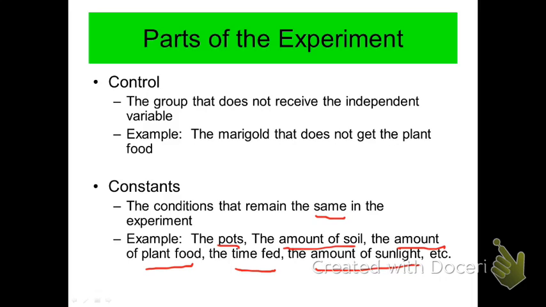We don't want one in the windowsill and then one back in the closet where there is no light. And there are many other constants, like we want to do all marigolds. We don't want to have 10 marigolds and 10 daisies or 10 tulips. We need to make sure that we've got some things that are staying the same because different plants might work differently with the plant food.